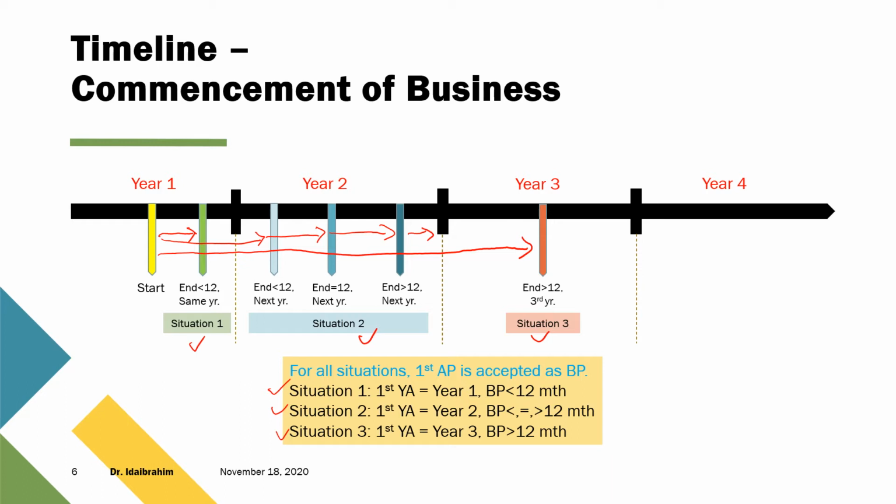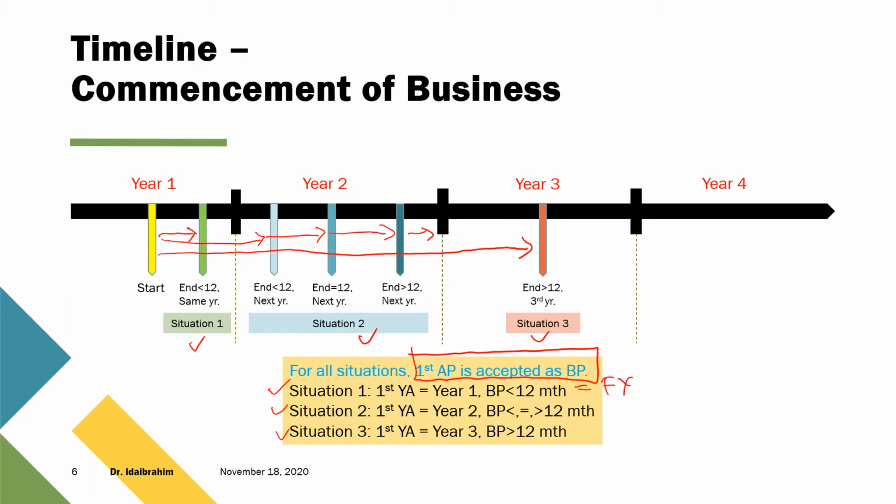For the determination of basis period, under situation 1 the basis period would be the accounting period. Under situation 2 it is similar, and under situation 3 also similar. The first accounting period is accepted as the basis period, which means that for situation 1 the basis period consists of less than 12 months, which we refer to as a failure year.